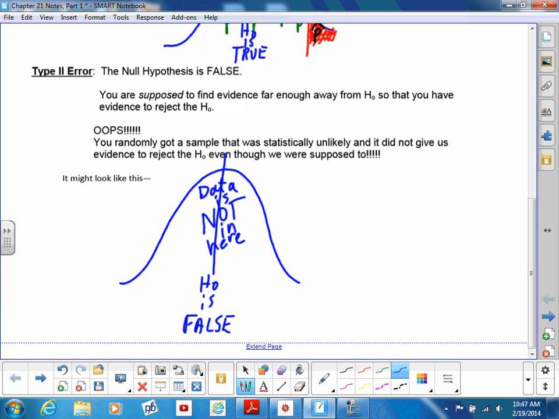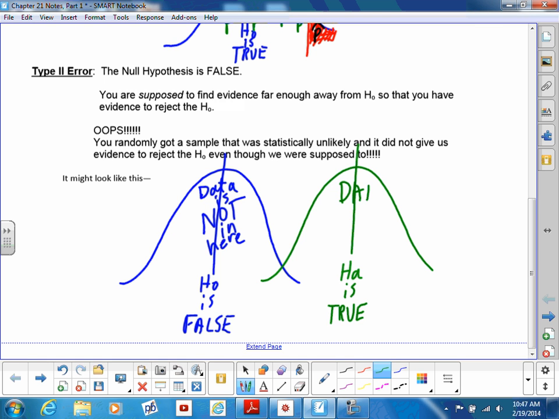So your data is not in there. It's somewhere else. Where is it? It's wherever the alternative is. So let's say that we've got this here. This is the alternative, and this is true. So most of the data is here. Okay, so this is where you should be getting all your samples.